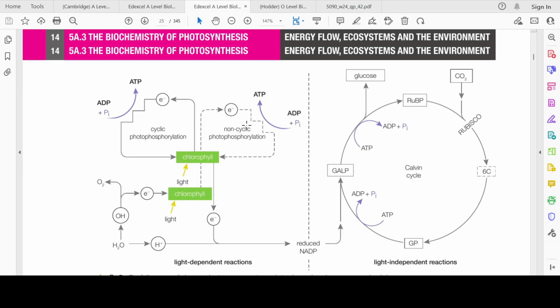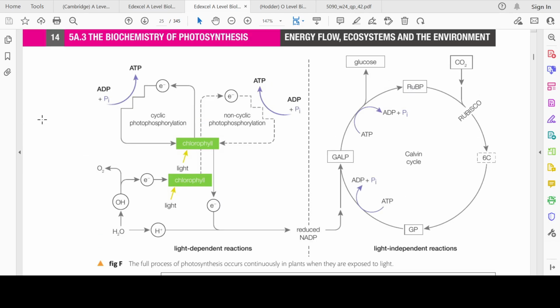And this is also a pretty neat diagram. It is the full process of photosynthesis which occurs continuously in plants. So the left side is the light dependent stage, and you can see that they've given both the cyclic and the non-cyclic photophosphorylation.